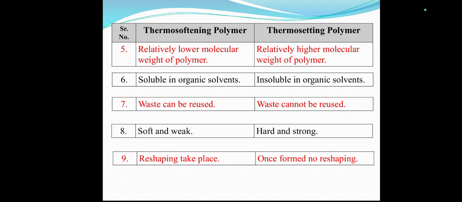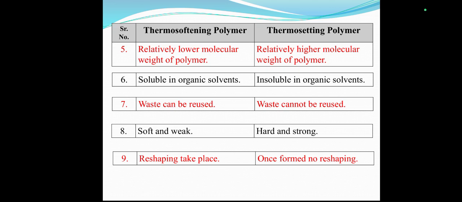Then for thermosoftening, waste can be reused, as we have seen that on heating it becomes soft and on cooling it becomes hard. For thermosetting, waste cannot be reused, because in the definition we saw once formed, no change on heating and cooling.